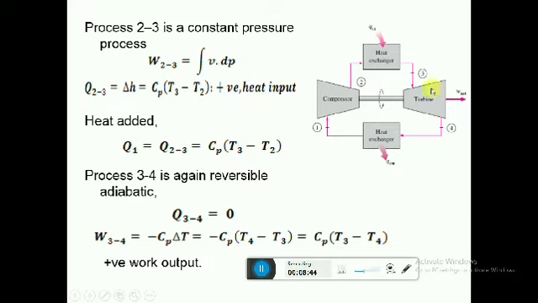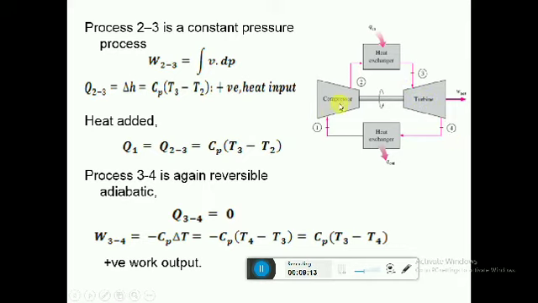Then 3 to 4 is work done, because 3 to 4 is an adiabatic process or isentropic process. Whenever there is an adiabatic process, no heat addition, no rejection. So Q3 to 4 is equal to 0. W3 to 4 is given by specific heat of gases into change in temperature. So the gases enter at a higher temperature but leave at a lower temperature, so T3 minus T4.